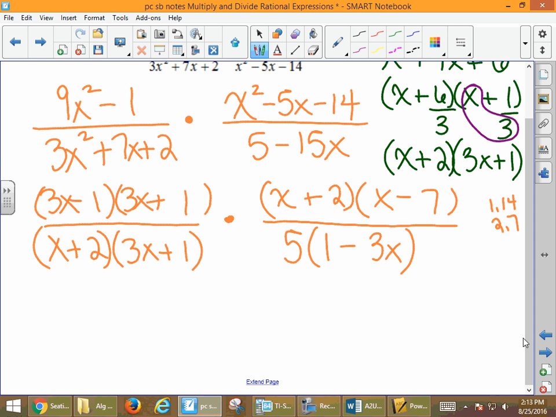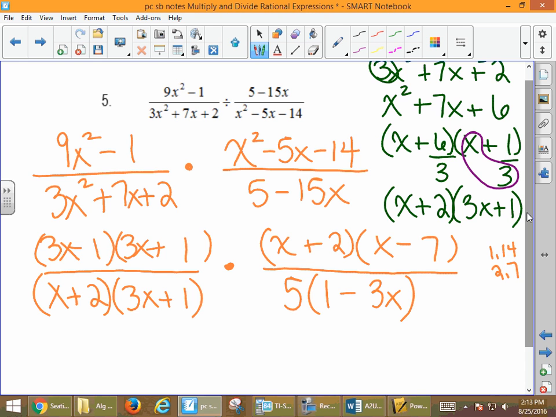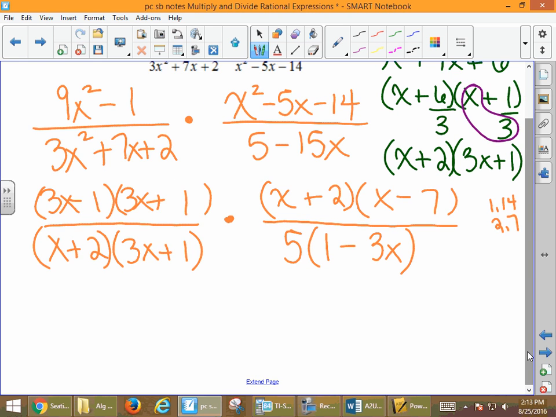Because we were dividing. Yes. So now that we've done this much, we've got all the factoring done. Do we have anything exactly the same in the top and the bottom? X plus 2. Three x plus 1.